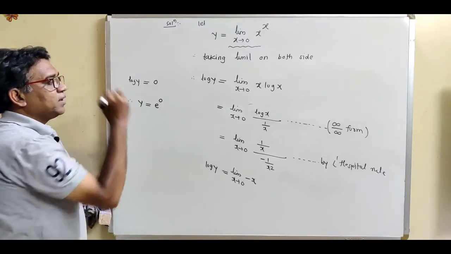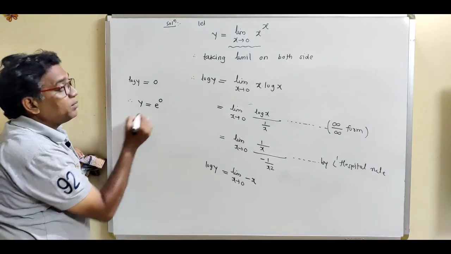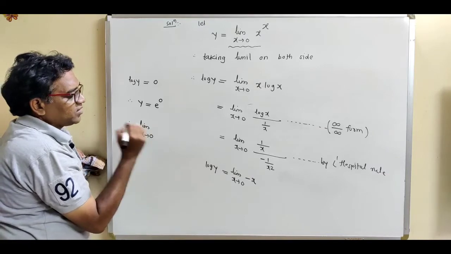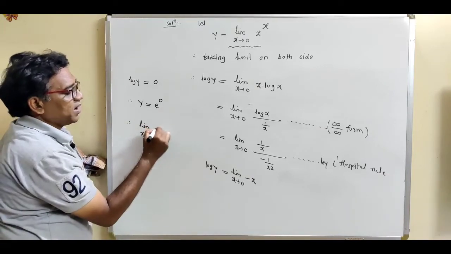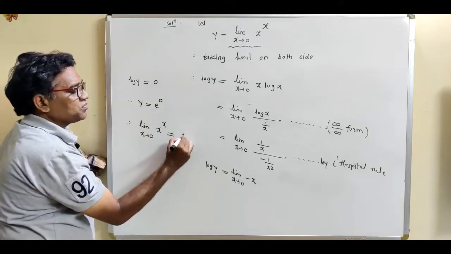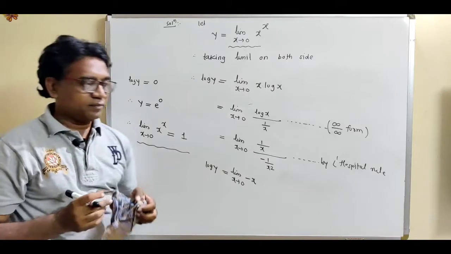So this will be e raised to 0. And what is y? Y means our given limit. This is limit x tends to 0 of x raised to x, which is equal to e raised to 0, equal to 1. So this is the final answer of this limit.